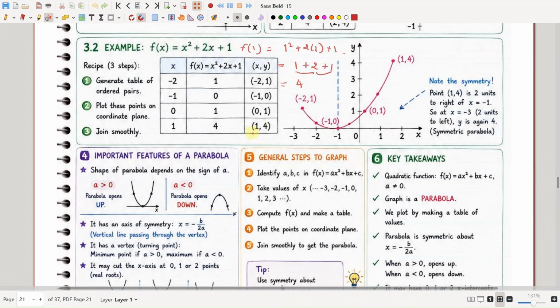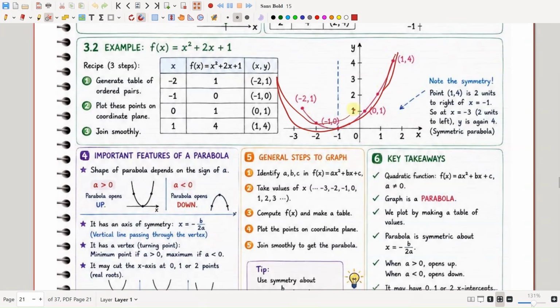So the point is (1, 4). Now we have to plot all these points on the graph: (-2, 1), (-1, 0), (0, 1), and (1, 4). We plot all of these and join them to get a parabola.